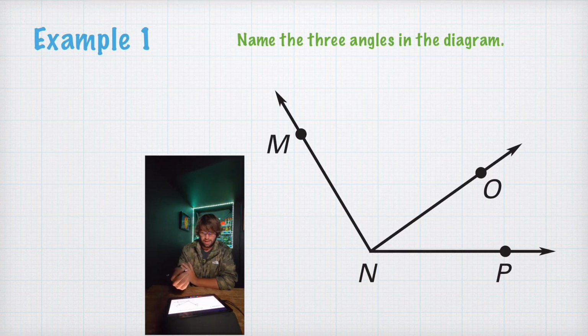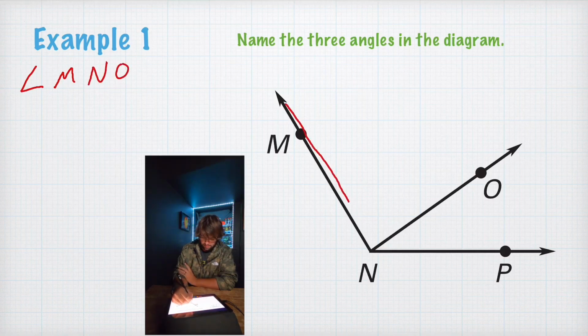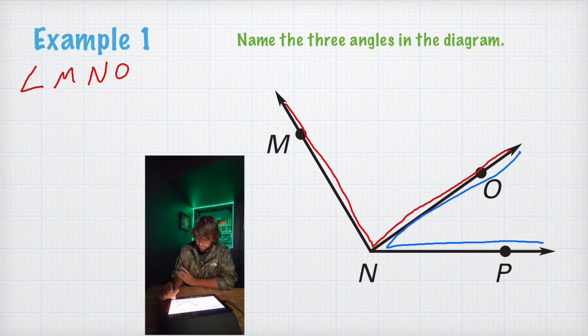The first angle we're going to name is angle MNO. I'll highlight the inside of that in red for you. The next one, we'll do in blue: angle ONP.